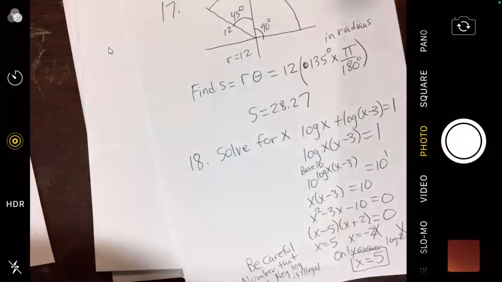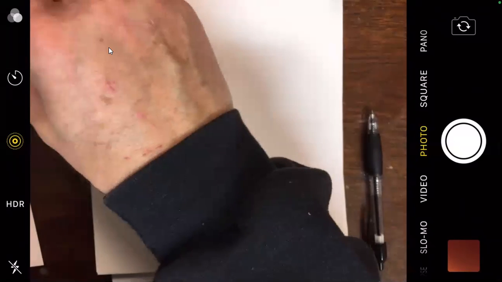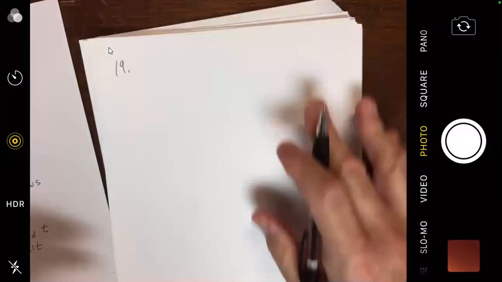Okay, really quick, 2 more. Get my paper straightened out. Here's my 12. Okay. 19. Try to squeeze these in.